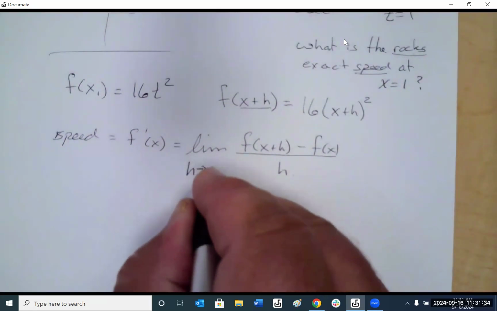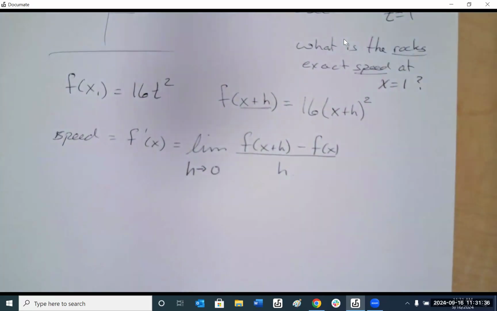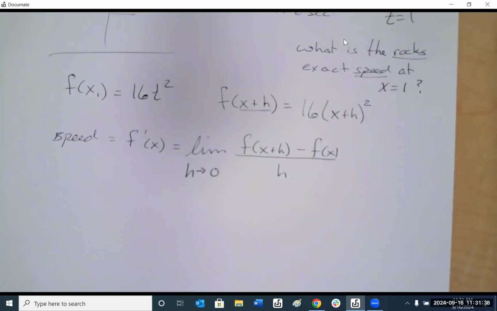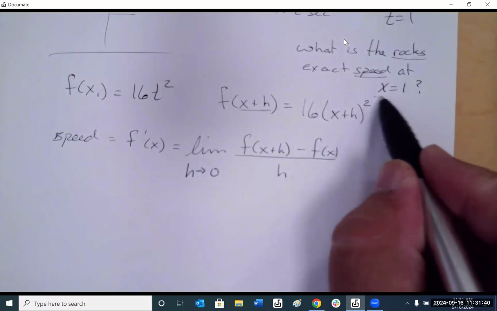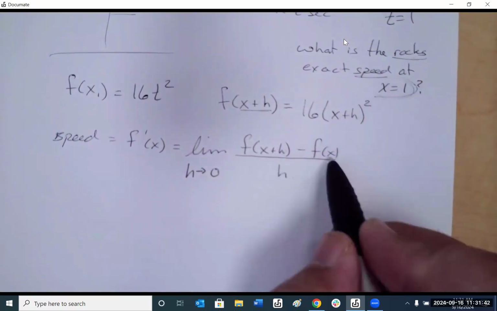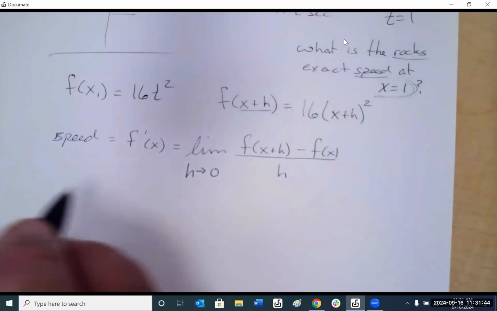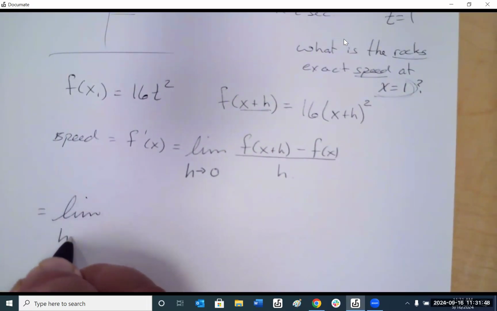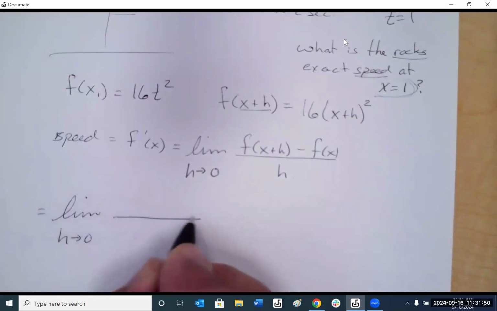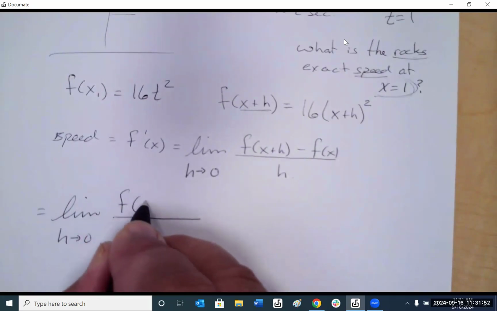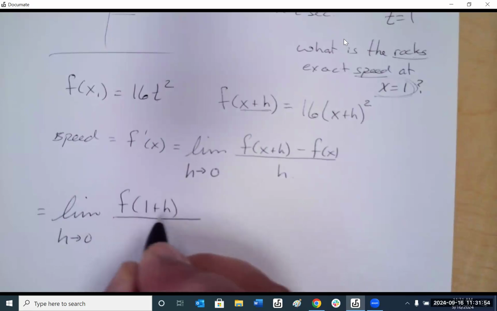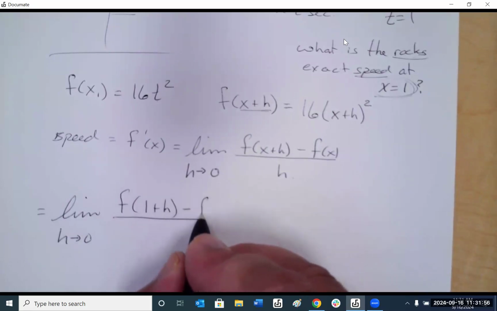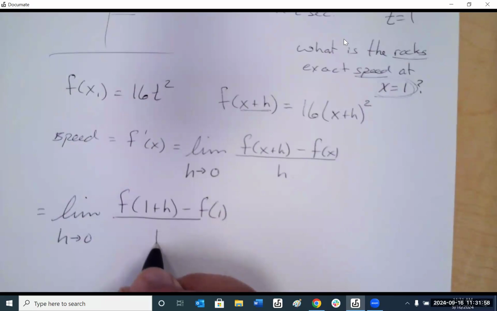As h goes to 0. Now, since we're asking for 1, instead of x, we can just put 1 in there right now if we wanted to. So we have the limit as h goes to 0 of f of 1 plus h minus f of 1 over h.